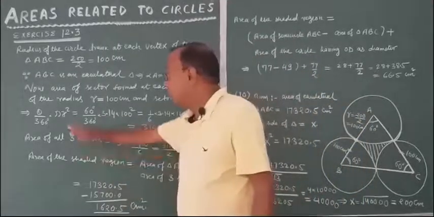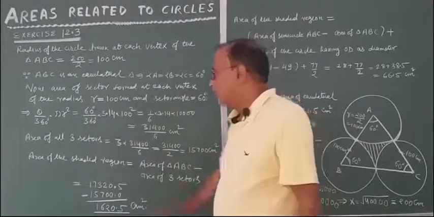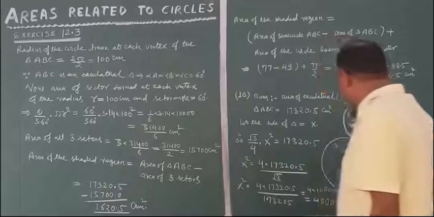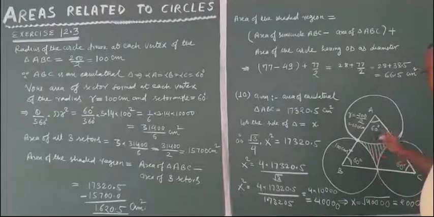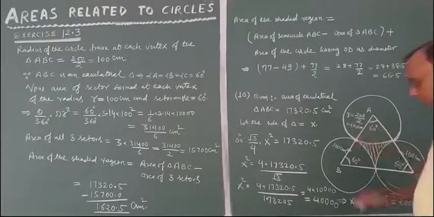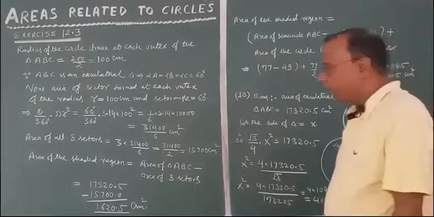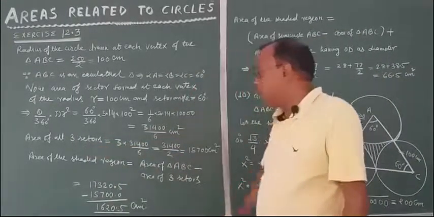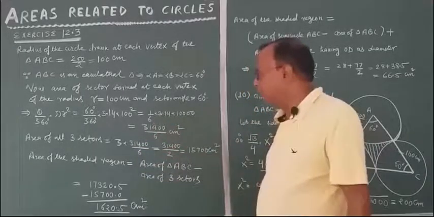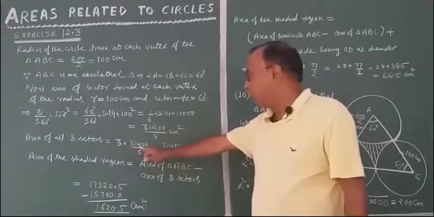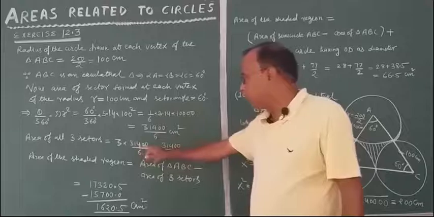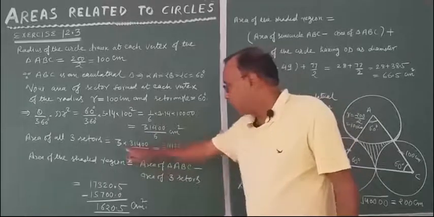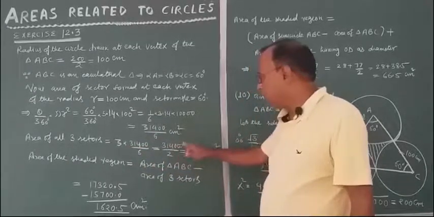Now this is the area of one sector and there are three sectors, first, second, third. Each sector has radius 100 centimeter and sector angle 60 degree. So the area of all three sectors will be 3 into this area. So you will get 3 into 31400/6, that is 31400/2.